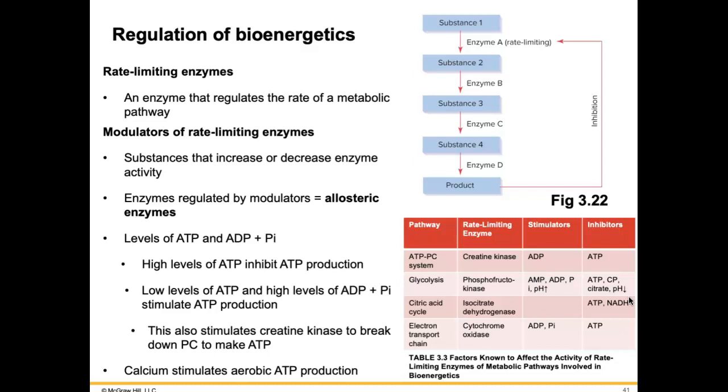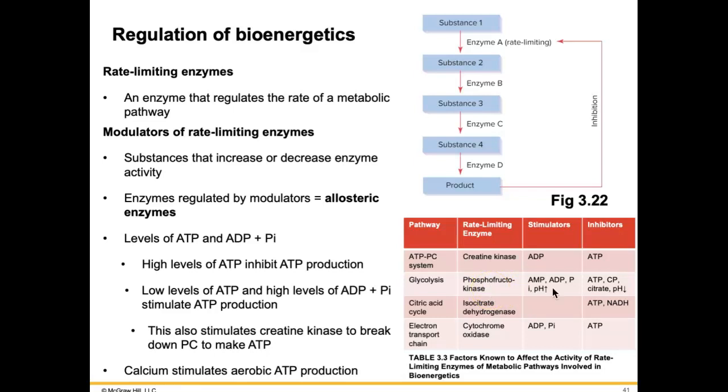So when we start exercising and we see that the ADP and inorganic phosphate levels are increasing, that is going to enhance the PFK use in order to allow the pathway to continue forward. Conversely, if we have high levels of ATP, then we're going to decrease the PFK activity. It's going to be inhibited.